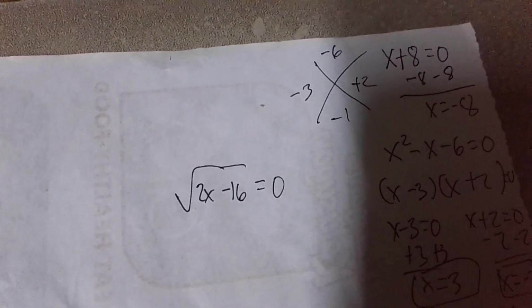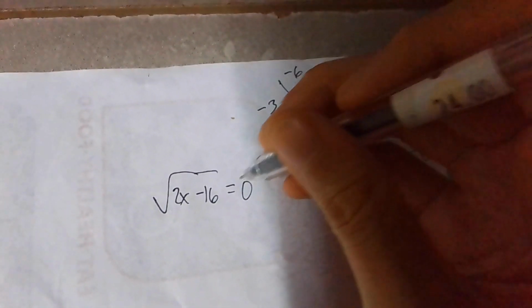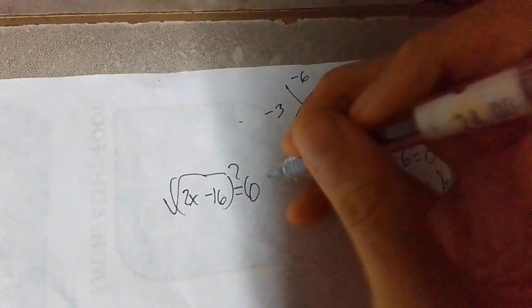The square root of 2x minus 16 is equivalent to 0. Right? Now we need to solve for x. To get rid of the square root, we need to square both sides. So squaring both sides, 0 squared is just 0.